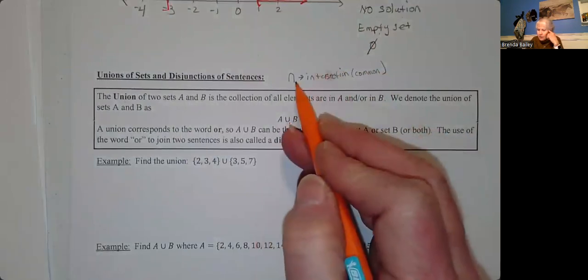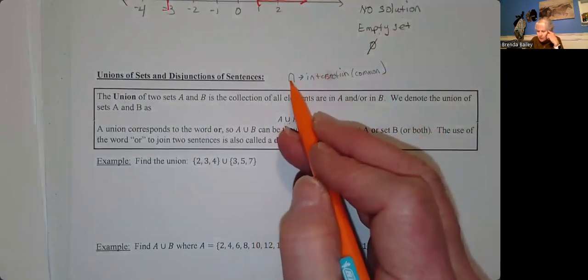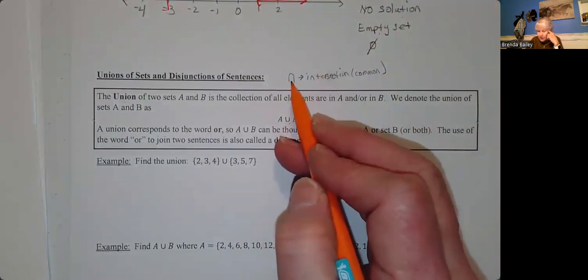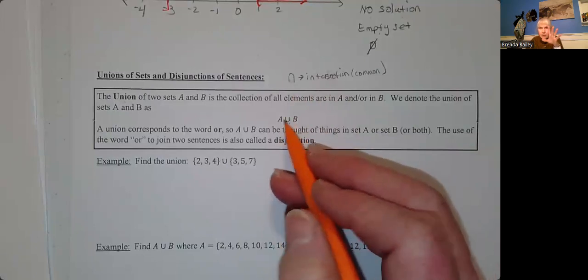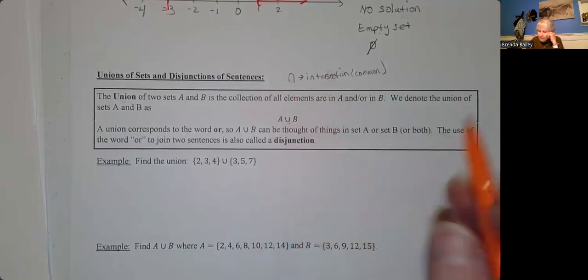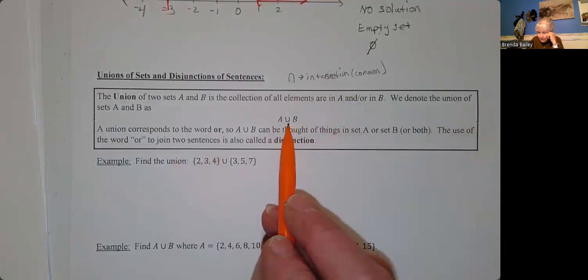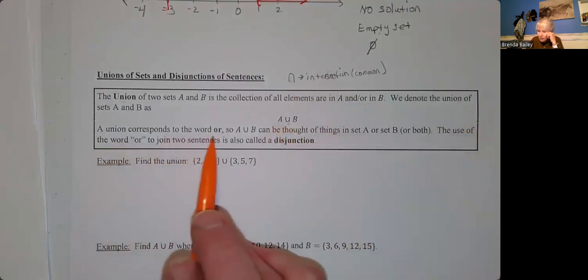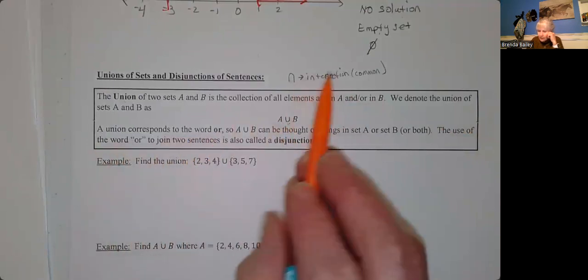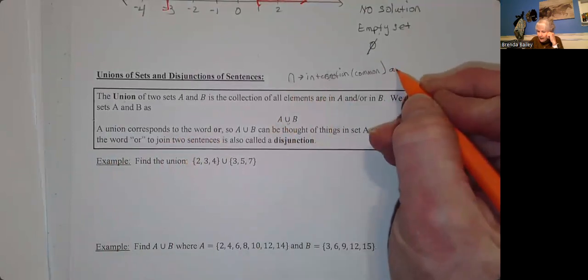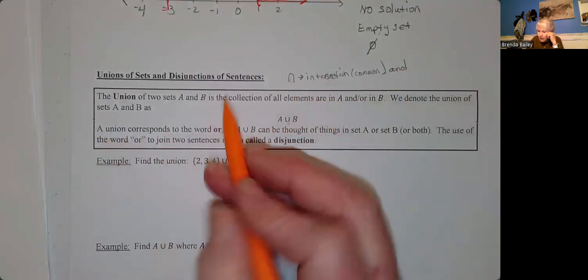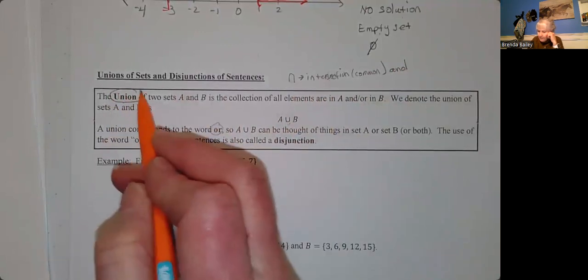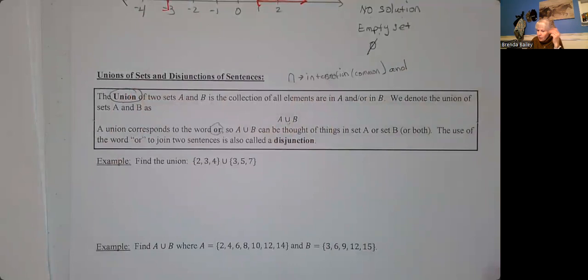So you have an intersection. You could think of it as a more closed type area, and so it's going to be smaller. This is open, so it's going to be a little bit larger. We have this as a union symbol. The union corresponds to the word or. Just like intersection was common and was the and, the or is used with union, and it's a collection or combine all of them.